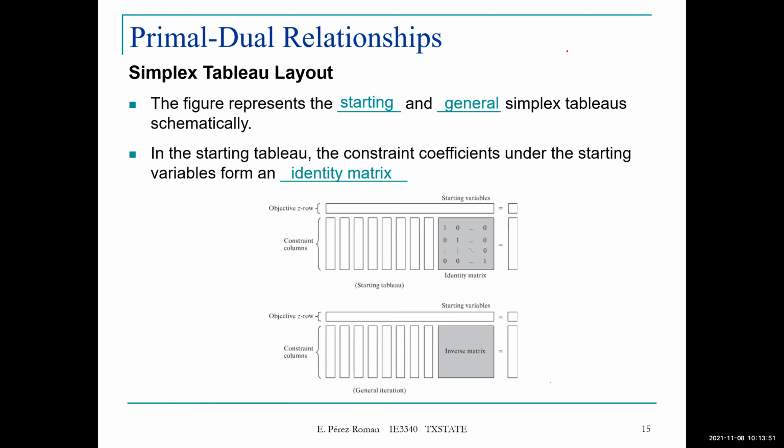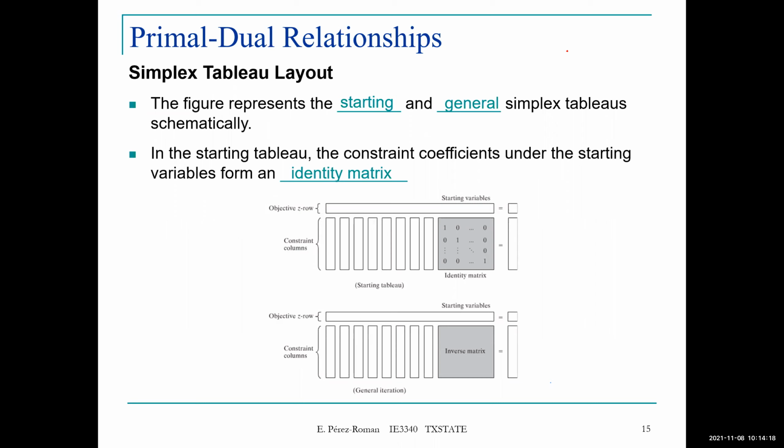After performing an iteration, that area where the identity matrix was at the beginning, that location where the starting variables were, is now creating what we call the inverse matrix. That inverse matrix is going to contain some information that is important for us because it's going to allow us to gather some additional insights from the solution.